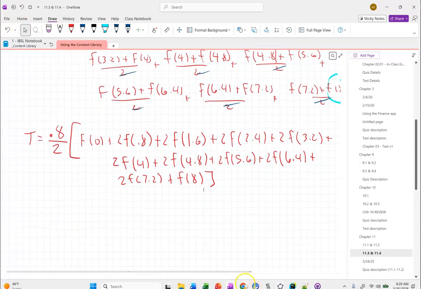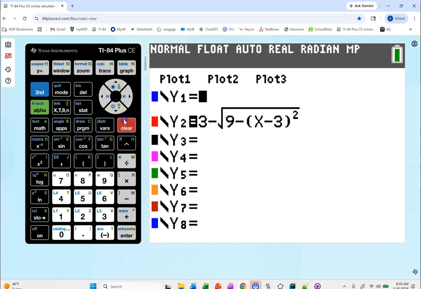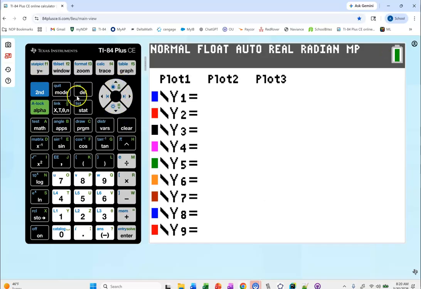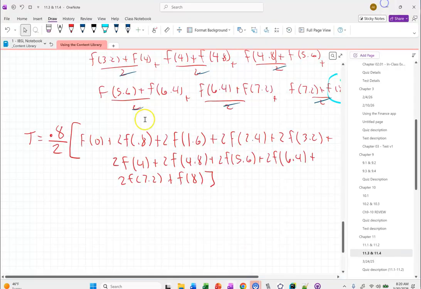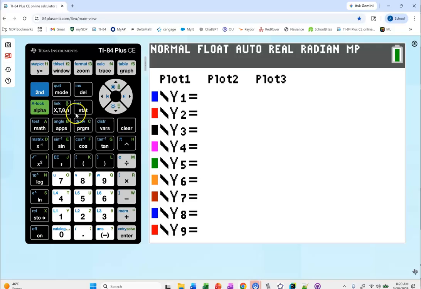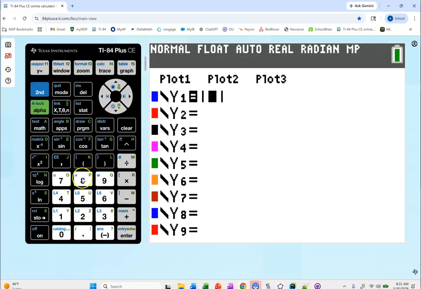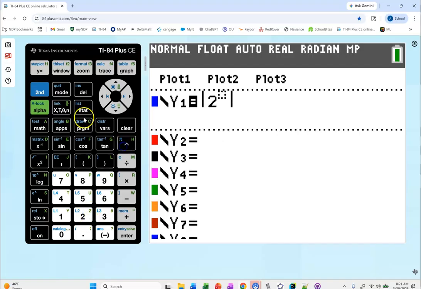So to do this now on my calculator, into y1, I'm going to type in my function here. So math, number, ABS to get the absolute value. Then I have 2 to the x minus 8.